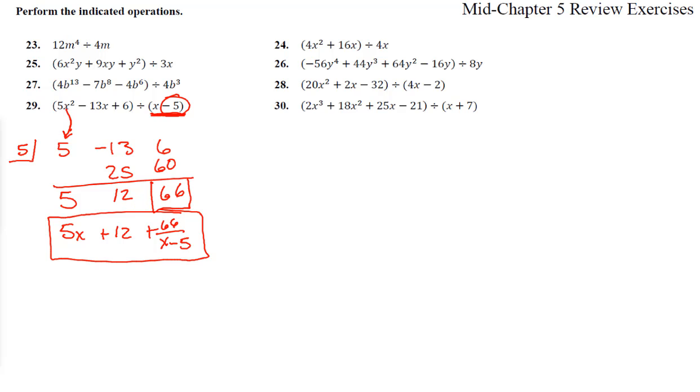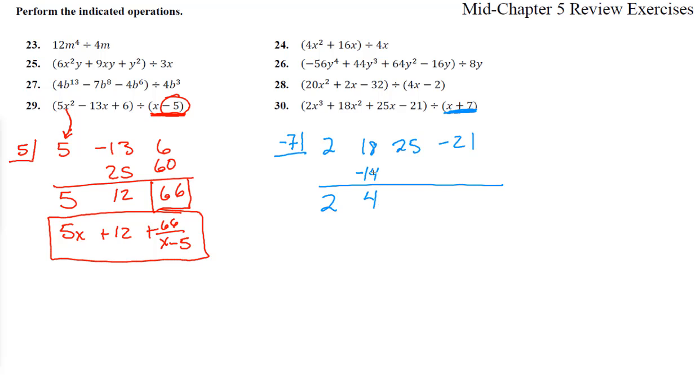Excellent. And then the final one, number 30. Oh, look, we have synthetic division again. If we use a negative 7 over here, the coefficients 2, 18, 25, minus 21. Did we miss any terms in there? Nope. 3, 2, 1, 0. Good. All right. So 2 comes straight down. Negative 7 times 2 is a negative 14. 18 minus 14 is 4.